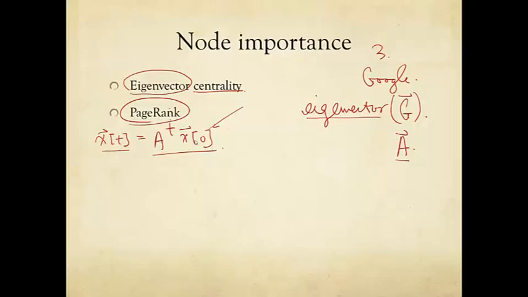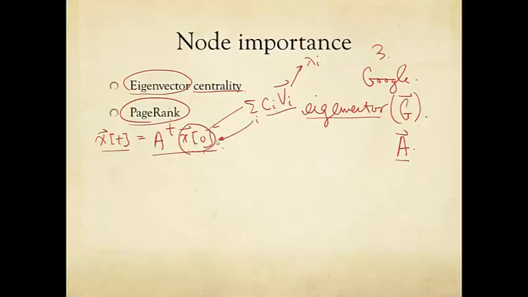We know that any given vector, we can decompose that, represent that as a weighted sum of the eigenvectors of this matrix A. Call those eigenvectors v_i, and the corresponding eigenvalues scalars lambda_i. And we can represent any initialization vector as the linear combination with weights c_i of these eigenvectors.